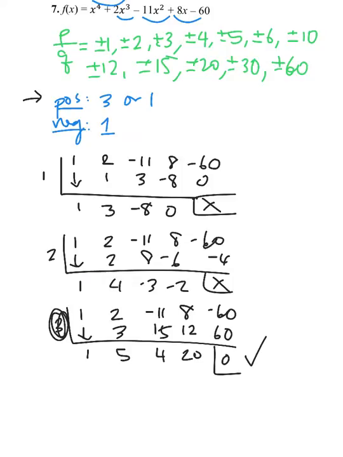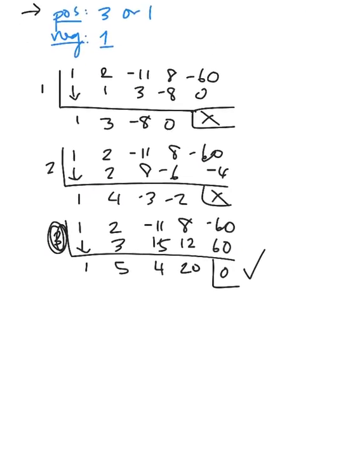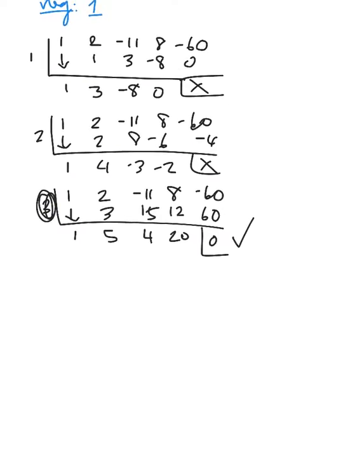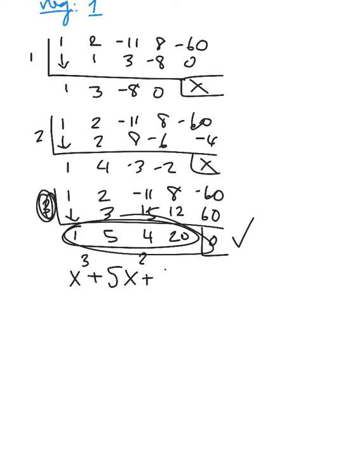Okay, from there, I'm going to see if I can factor this even more. So I'm going to have my compressed function right there. This is going to be x to the 3rd plus 5x squared plus 4x plus 20.